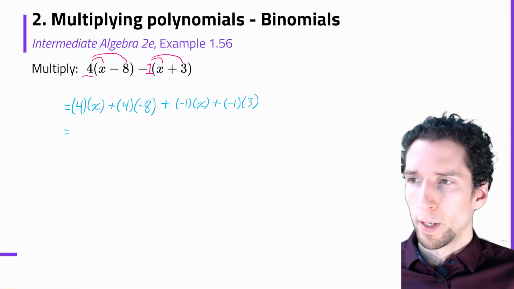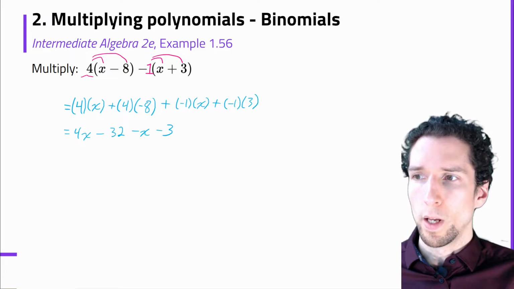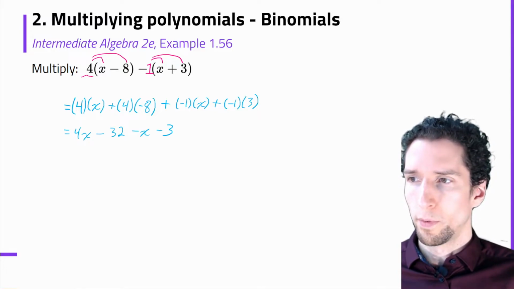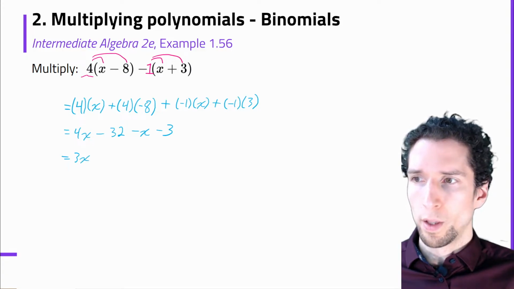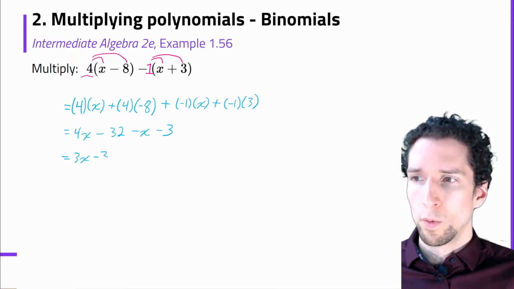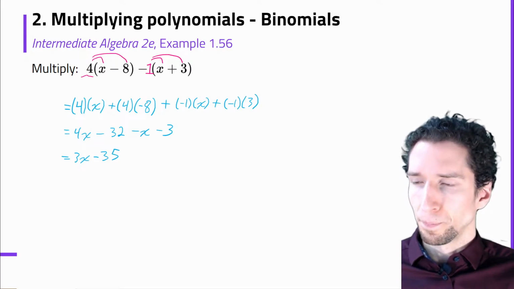Then we just multiply all these together, 4x minus 32 minus x minus 3. And then we have two x terms, two constant terms. We can simplify that. 4x minus x is 3x, and -32 minus 3 will be minus 35 here.